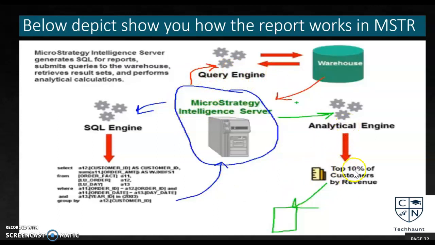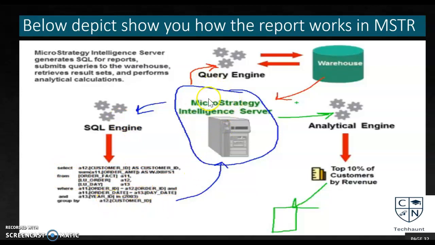Let's suppose this is our user's desktop, and they have sent this request to our intelligence server. The intelligence server executes those reports and sends the request to your SQL engine, and the SQL engine executes the query based on the requirement and the request. It sends the results back to your intelligence server.